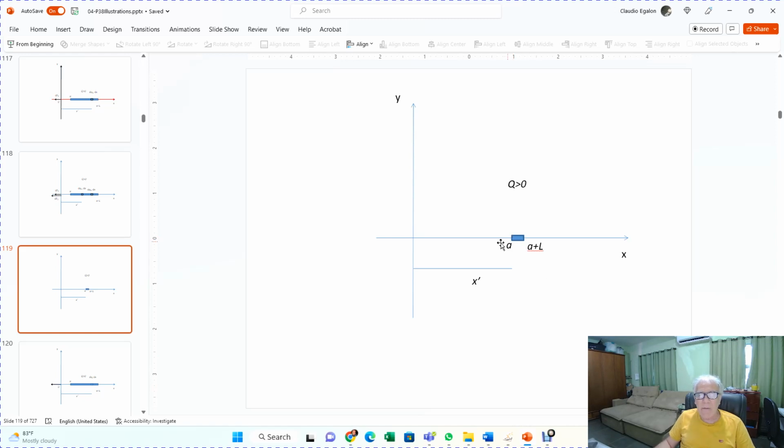This end here of the rod is at a distance that's much larger than this L, at least 10 times larger. That's how we pass a judgment about being much greater or much smaller, right? This is the case of A much greater than L. For A much greater than L, this rod here starts to behave as though it is a point charge. Okay? Remember, we are calculating the field here at the origin, right?